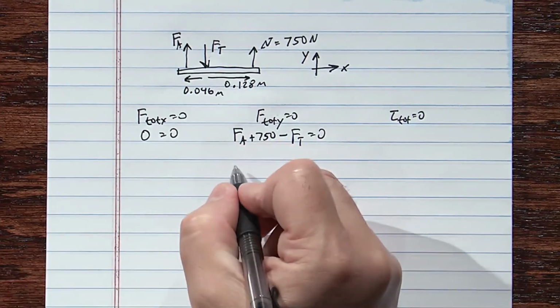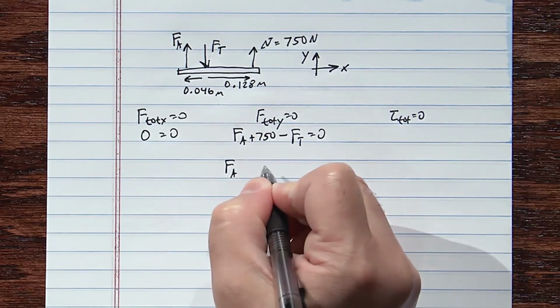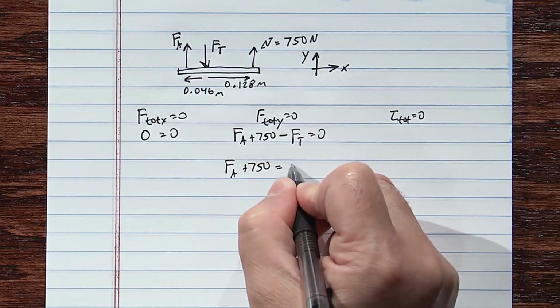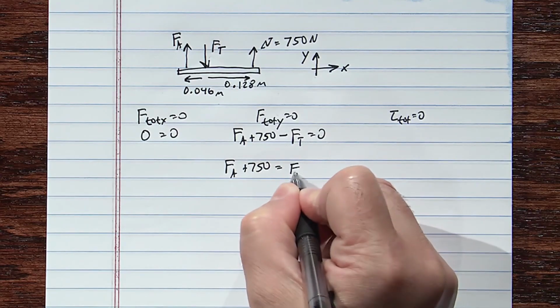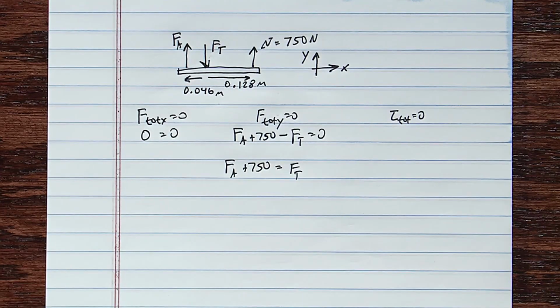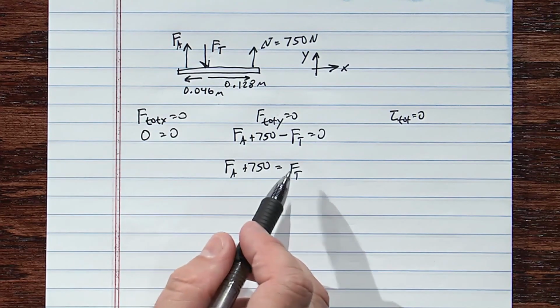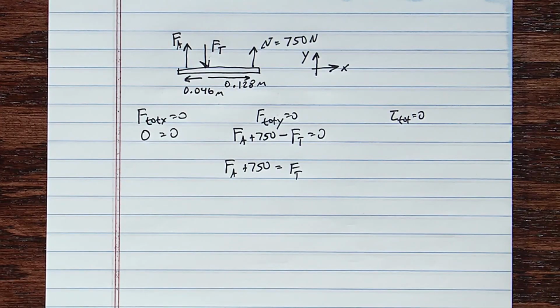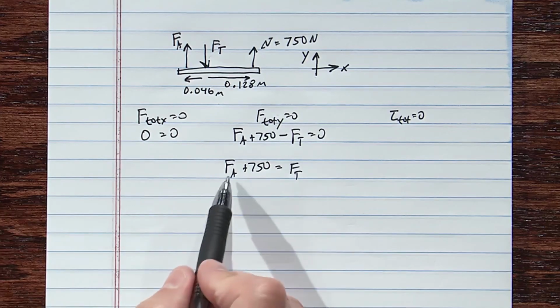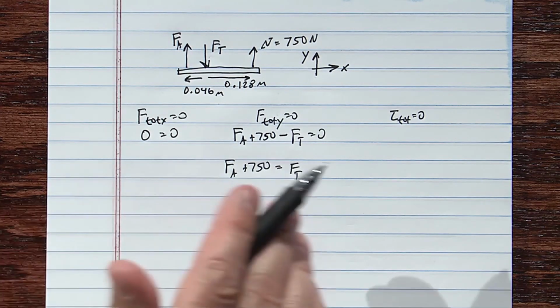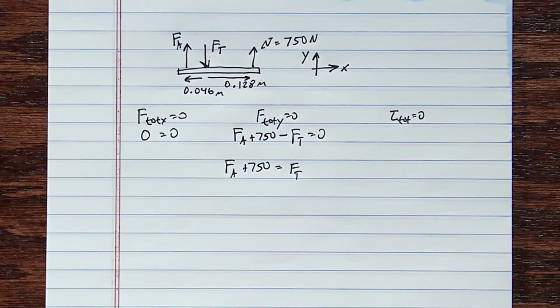And that tells us that force of the Achilles plus 750 equals the force of the tibia. So if we can find the force of the Achilles tendon on the foot, we can find the force of the tibia on the foot. But we still have two unknowns in one equation, so we have to go to our torque equation.